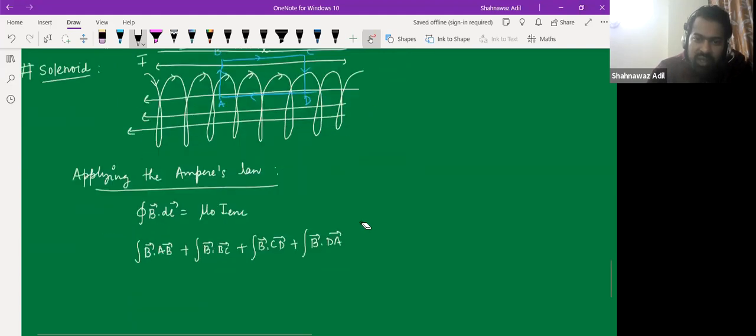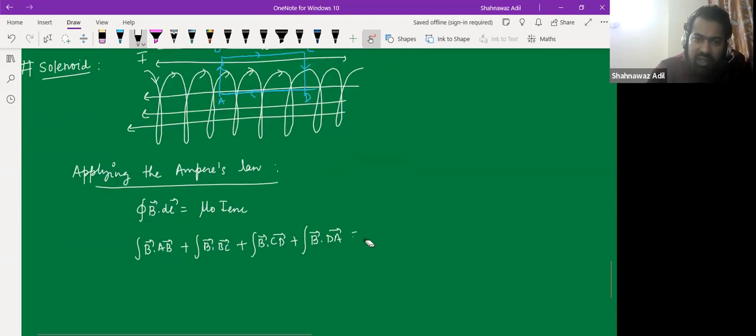And this is equal to mu naught times the current enclosed. That would be n number of turns into this current I. How do we calculate this n?